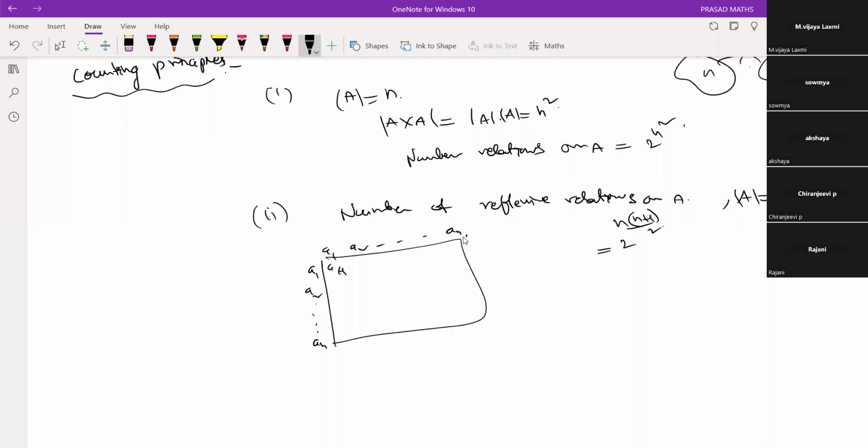These are my ordered pairs: A1,A1; A1,A2; A1,An; A2,A1; A2,A2; A2,An; going on like this up to An,A1; An,A2; An,An. For reflexive, I need these diagonal elements in the relation.